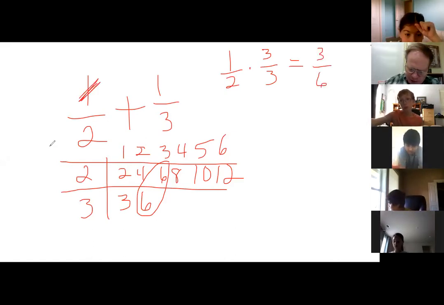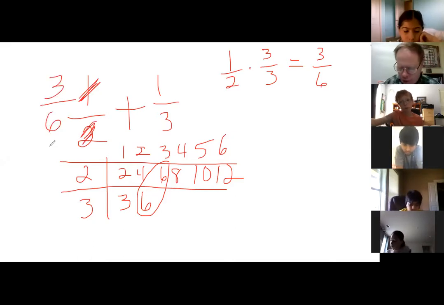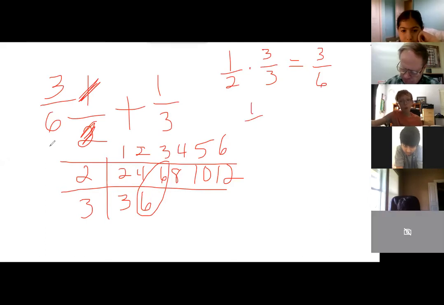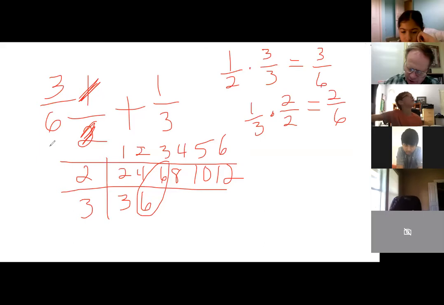So that one becomes 3 over 6. Now the other one, 1/3, what do I have to multiply the 3 by to get to 6 there? 3 times what is equal to 6? 2. Okay, so I multiply that by 2 over 2. And that becomes 2/6. So now I'm going to add 3/6 plus 2/6.